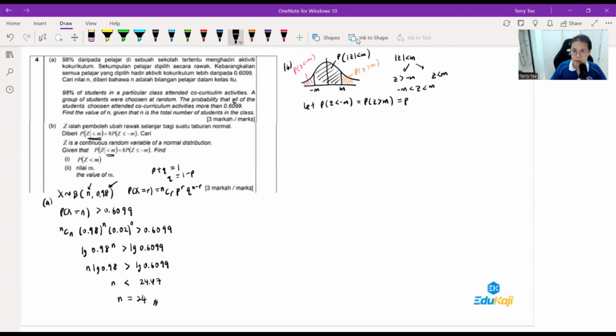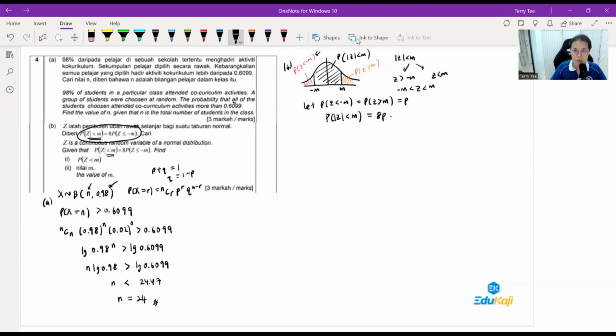Now, it is given that the region in between, the black part, is 8 times this. So if this is P, modulus Z less than M will be 8P.